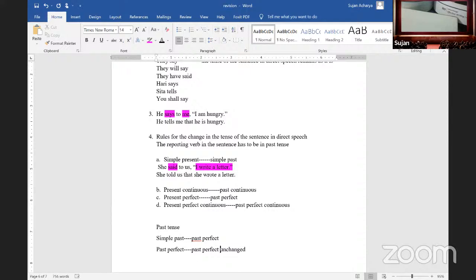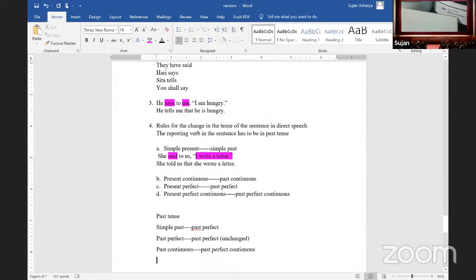Past continuous changes into past perfect continuous, and past perfect continuous remains unchanged.